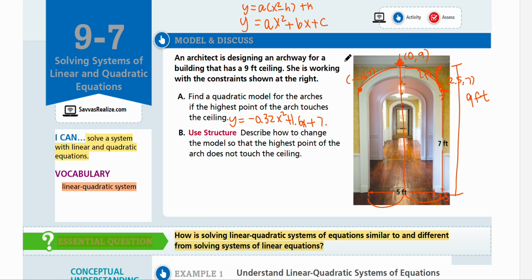So if we decrease the value of C, we probably won't touch the ceiling. We can just describe it. We can say when we decrease the value of C, then it won't touch the ceiling.